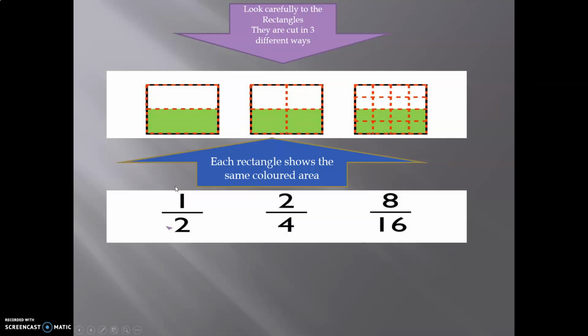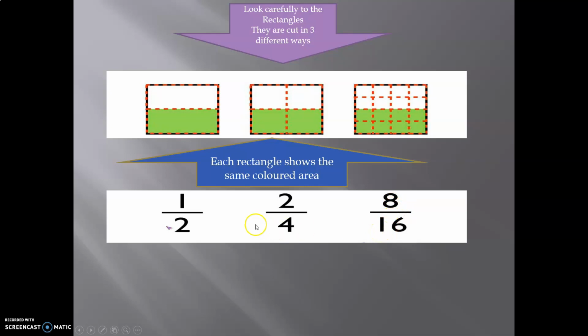The first one is 1 out of 2. The second one, the same green area, but with a different fraction, 2 out of 4. The third one, the same green area as in the first shape and as in the second shape, but with a different fraction, 8 out of 16.